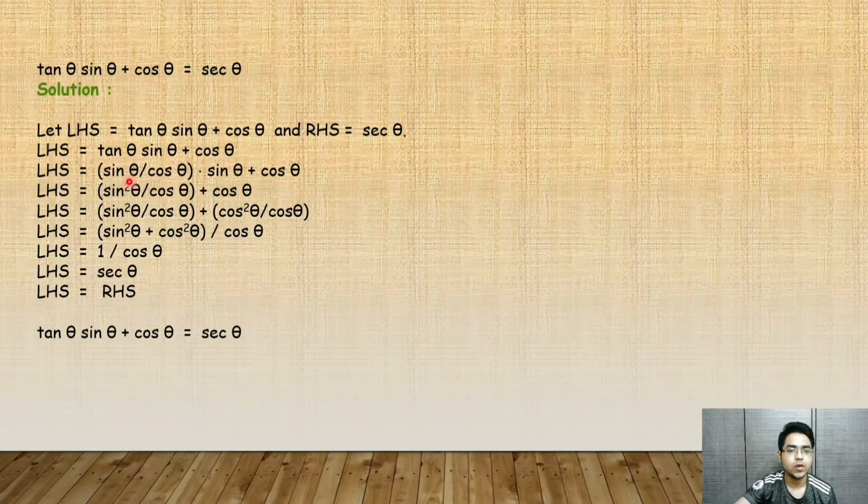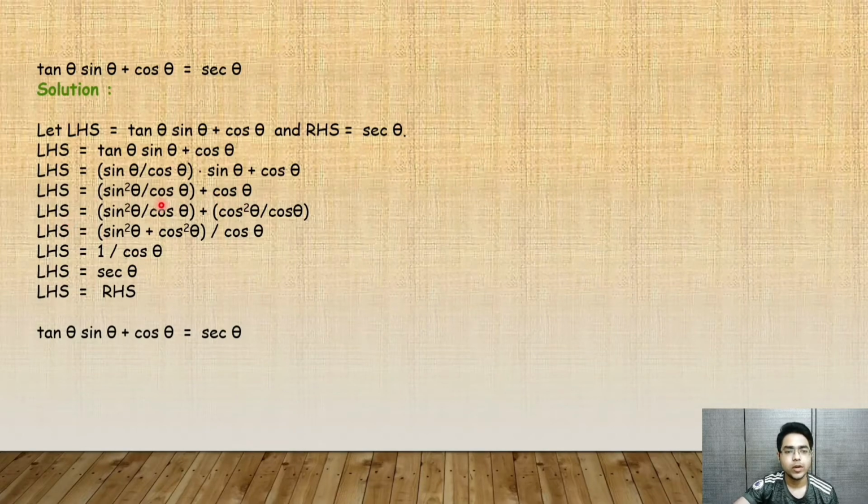We know this formula, we have seen this formula in the first lecture, that tan theta is equal to sine theta upon cos theta. So LHS will be equal to sine theta upon cos theta into (sine theta plus cos theta). Now we will be getting sine square theta, as this sine is getting multiplied with sine. We will be getting sine square theta divided by cos theta plus cos theta.